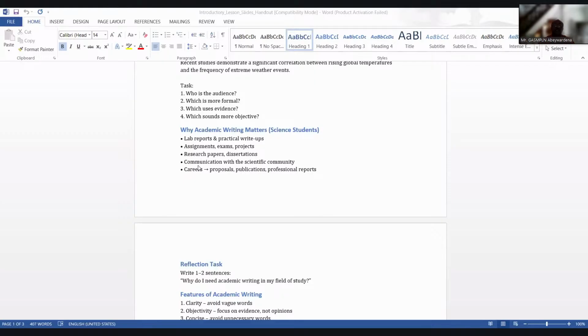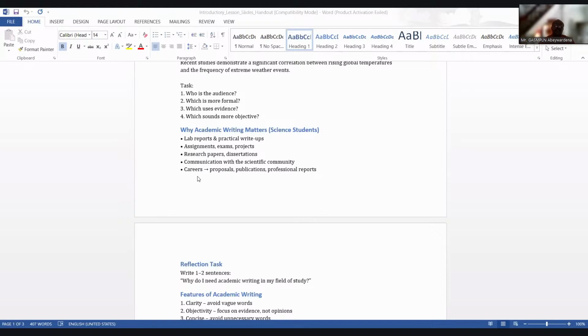Then communication with the scientific community, maybe lecturers, maybe your colleagues, maybe researchers, whoever you communicate with, you need to use this. Not verbally, in written form of communication, you need to use academic language.